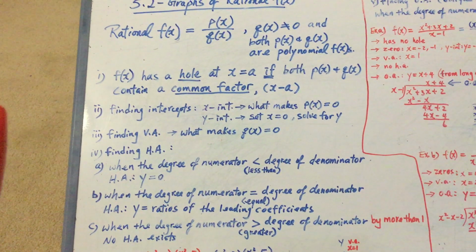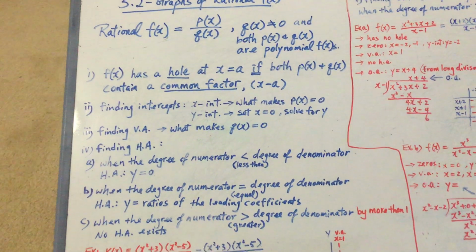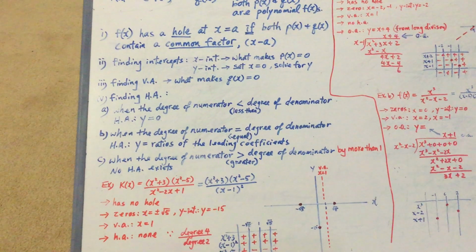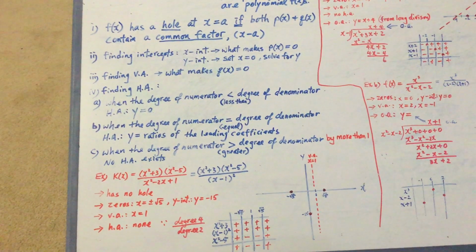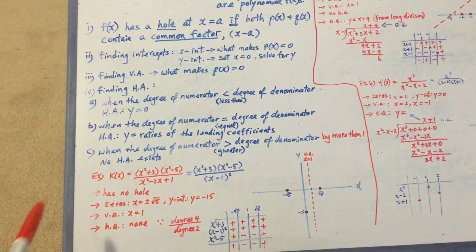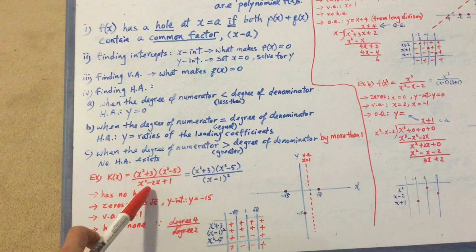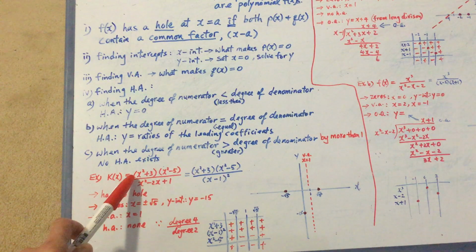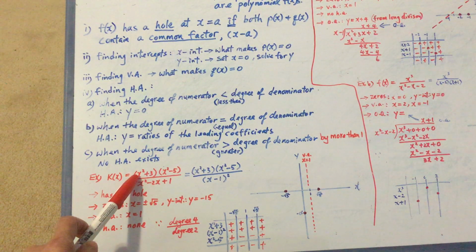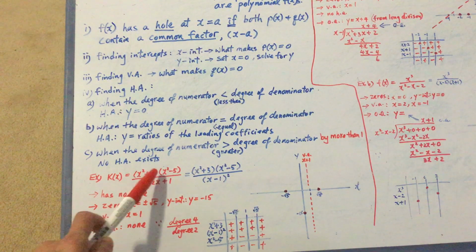So what do we mean by the degree of the numerator being greater than the degree of the denominator by more than 1? Let's look at one of the examples down here that I have done for you. I have a function k of x that is equal to these 2 factors divided by this quadratic down here. If you look at the degree of the numerator, this is an x squared, this is an x squared.